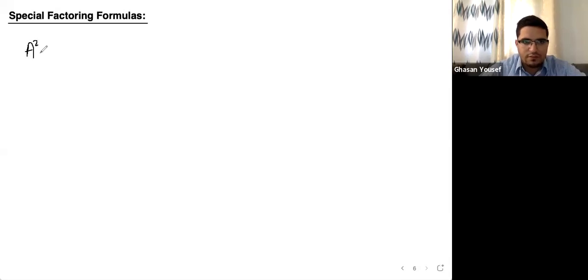A squared minus b squared is equal to a minus b times a plus b. This is called the difference of square.